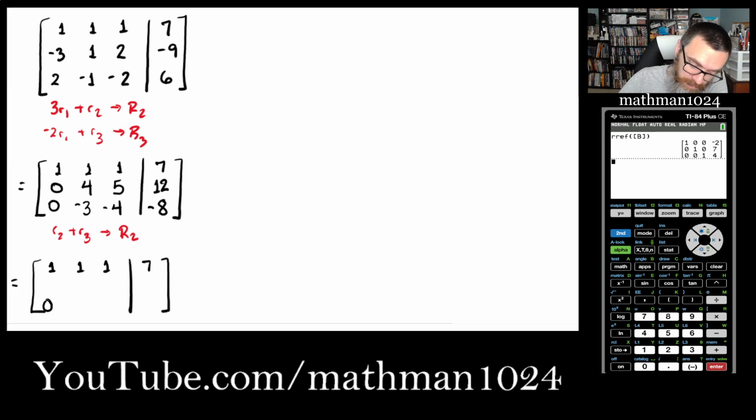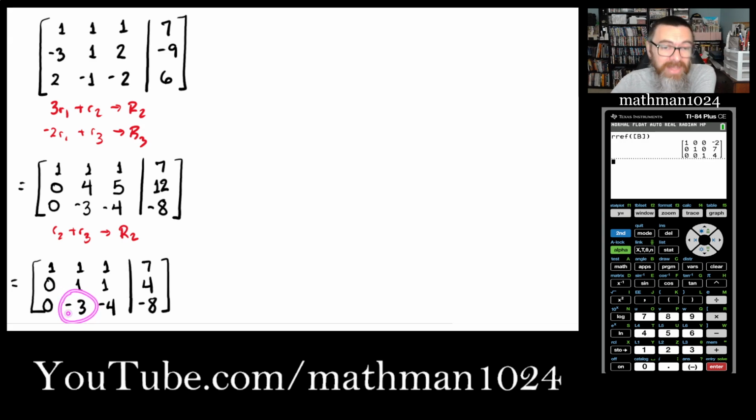All right, so this bottom row I am not changing, but I'm now combining row 2 and row 3 and replacing that with row 2. So 0 plus 0 is 0. Negative 3 plus 4 is 1. I like that. Negative 4 plus 5 is also 1. Okay. Negative 8 plus 12 is 4. All right. I like that a lot better. But now we need that to become a 0. So if I do 3 times row 2 and add that to row 3.